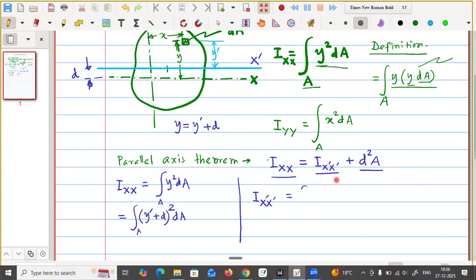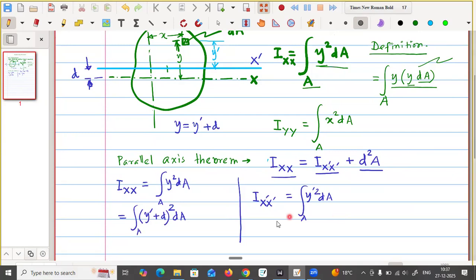We can write the same way. Simply y will be y prime in here, because that is the proper relevant distance. So y prime square dA. Right? So that is this.